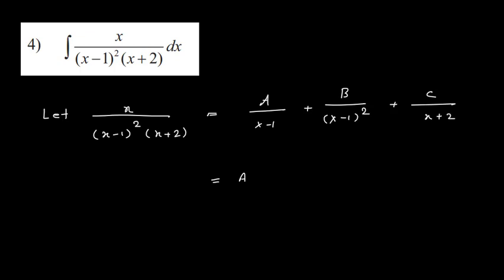Now here we have to make the denominator the same on the right hand side. So with a we have denominator x minus 1. So here what we do, we multiply and divide by x minus 1 and x plus 2 for this a term. So my denominator will become (x minus 1) the whole square into (x plus 2). With this b, I will multiply x plus 2, and with this c, I will multiply (x minus 1) the whole square.